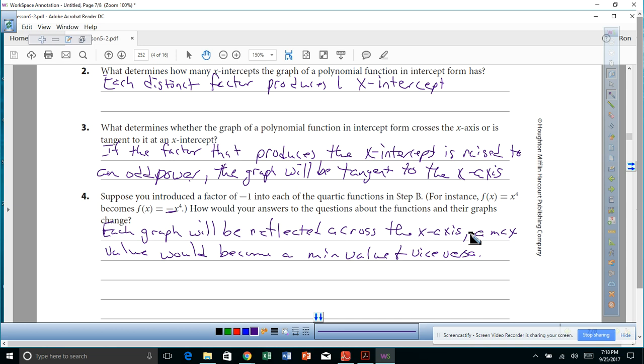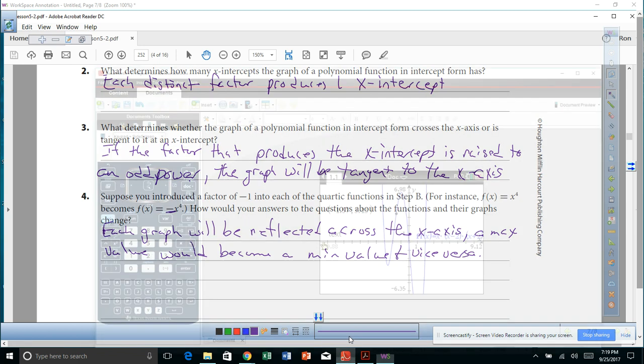For instance, f of x equals x to the fourth has no max values, one global minimum value, and no local minimum values that are not global, whereas f of x equals negative x to the fourth would have one global max value, no local min or max values that are not global. So it flips it over, and we'll show you.